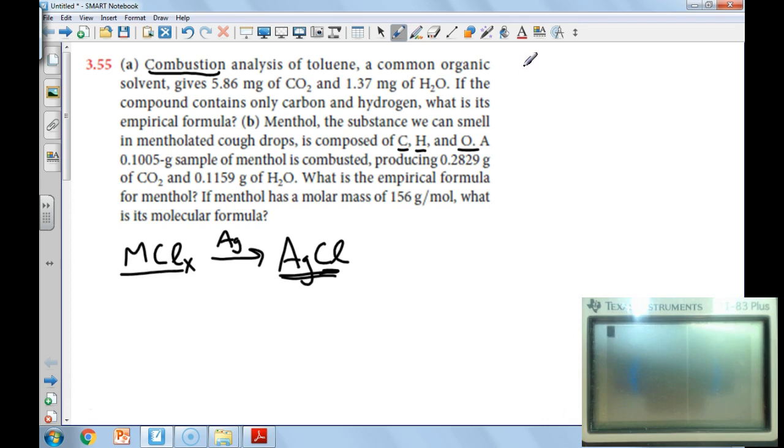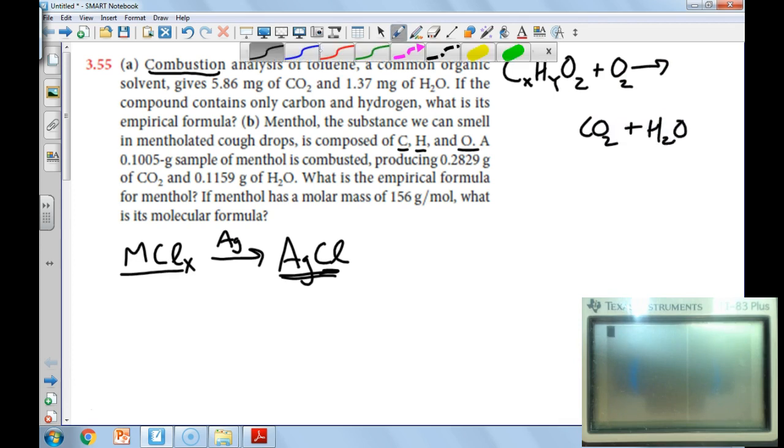Menthol has carbon, hydrogen, and oxygen, so it's some sort of hydrocarbon. When we burn this, it reacts to form carbon dioxide and water.